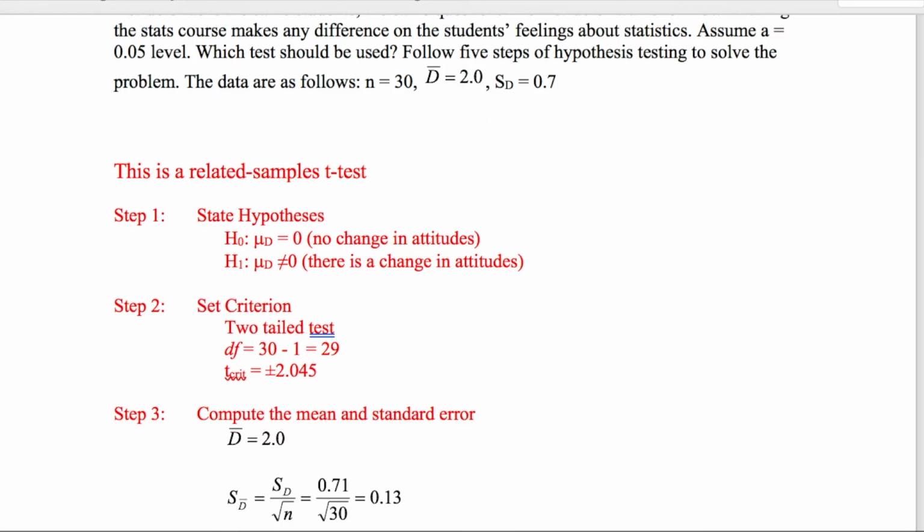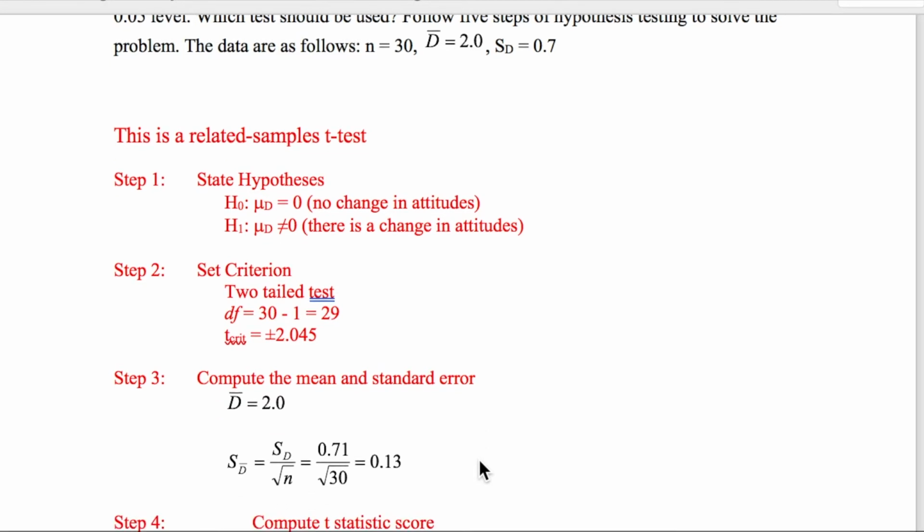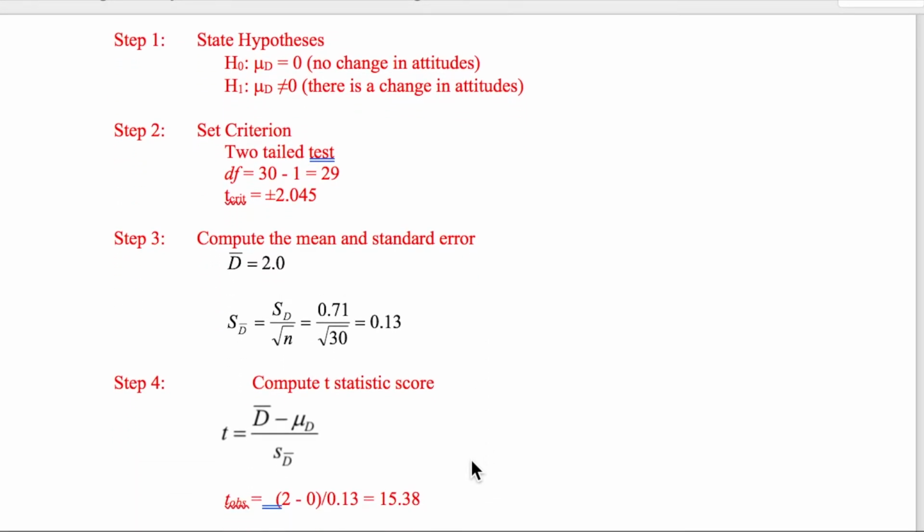2.045. Step 3, we need to calculate the standard deviation of the difference scores. Like this, the result is 0.13. Finally, we should use this formula to compute the observed t-score. So we need to use the mean of the difference scores, which is 2, minus mu, which is 0, and then divide by the standard deviation of the difference scores, which is 0.13.